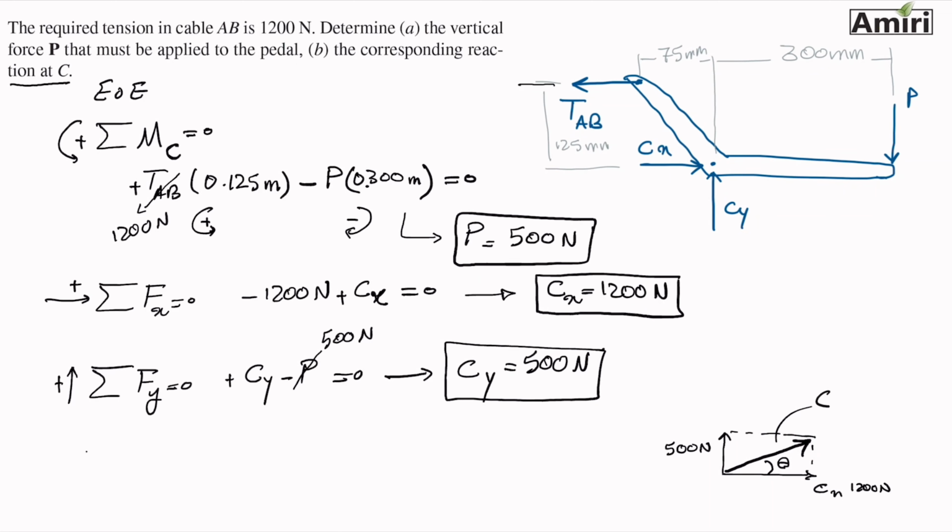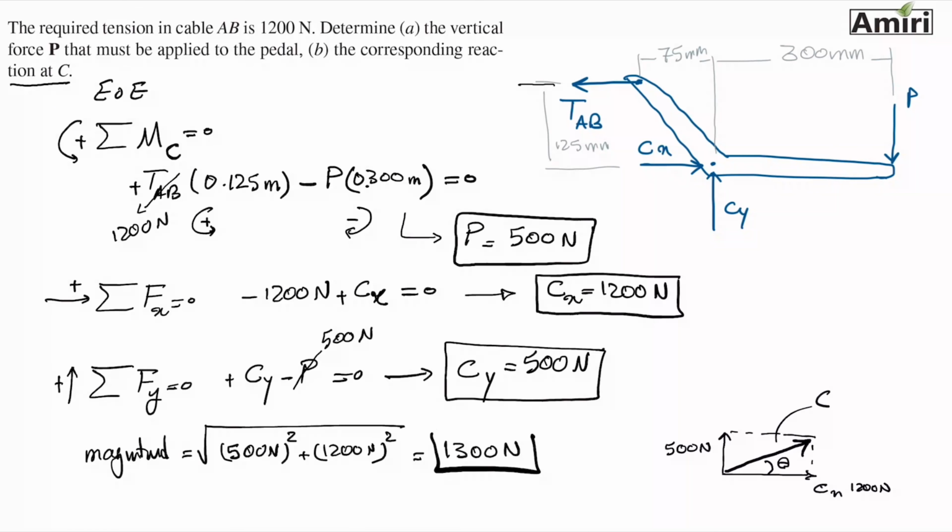So the magnitude of C is 500 newtons squared plus 1200 newtons squared, square root of that. If you do the math, it would be 1300 newtons. Angle, I like to go with tangent usually, so it's 500 newtons over 1200. That is the tangent of that angle right there. As a result, you should get theta of 22.6 degrees.